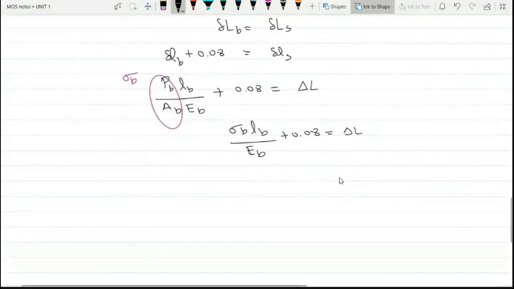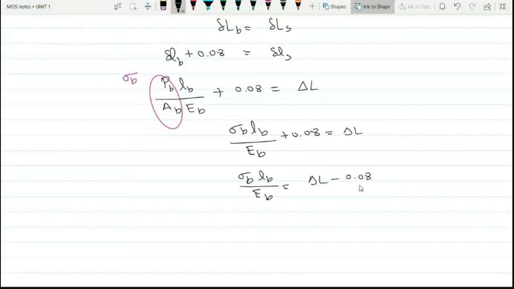So now let me substitute. I am going to consider sigma B now. Sigma B LB by EB will be equal to del L minus 0.08. So what will be my sigma B? Sigma B will be del L minus 0.08, into EB divided by LB.